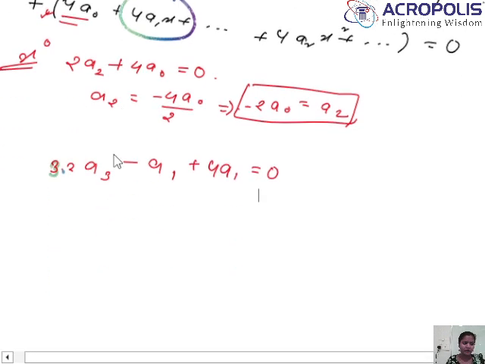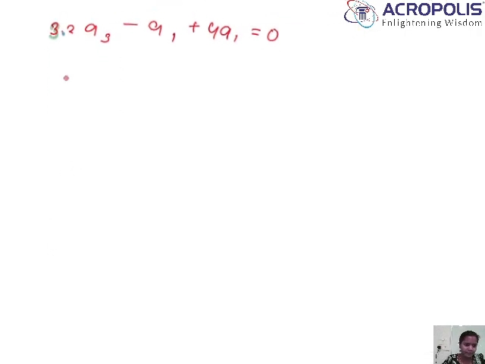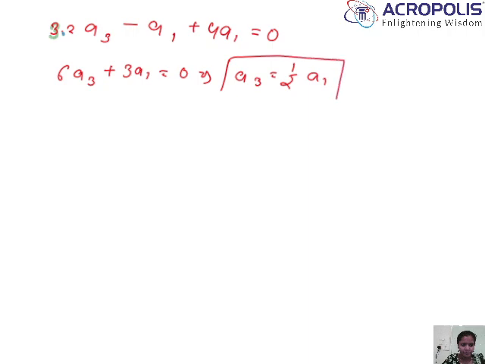Now we will find the value of a3 in terms of a1. Then you can see 6a3 plus 3a1 is equal to 0. This implies that a3 equals minus 1 by 2 a1.